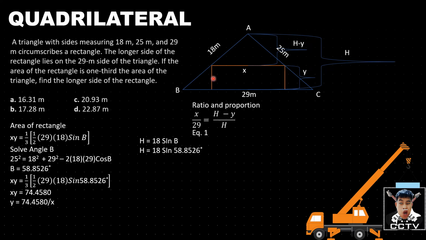Sine of B is equals to opposite H over adjacent, I mean this one, 18. And you'll get, substitute mo lang yung angle na nakuha natin kanina, makukuha mo yung H dito. Substitute mo lang yung H, substitute mo yung Y. And yun na nga, makukuha mo yung X, and that is 22.8716.